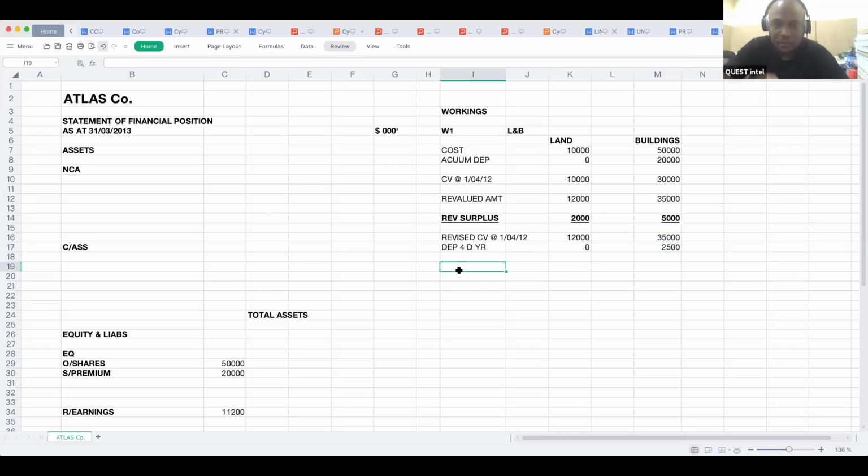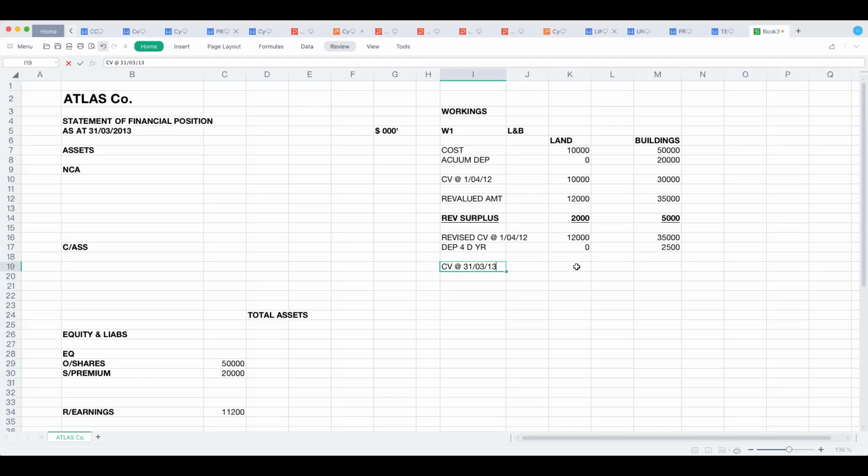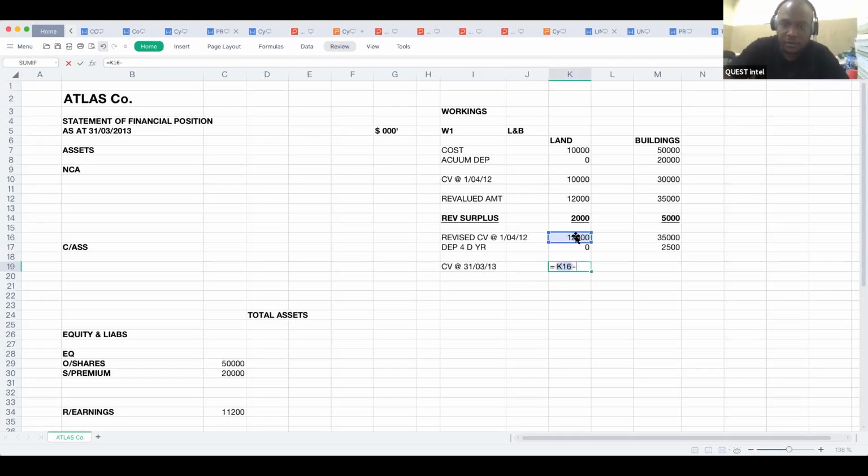So it means that my carrying value at the end of the year, because I've depreciated, at 31st March 13, I think it's 13, yes, will be equal to this minus this, which is that.